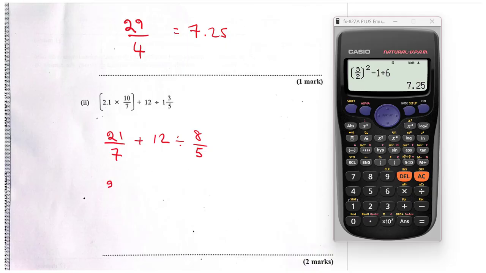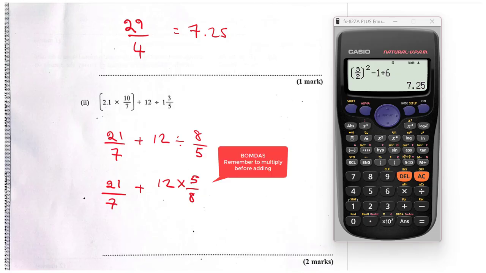So this is 21 over 7 plus 12 times 5 over 8. Now 12 times 5 gives us 60. So we're going to have 21 over 7 plus 60 over 8.